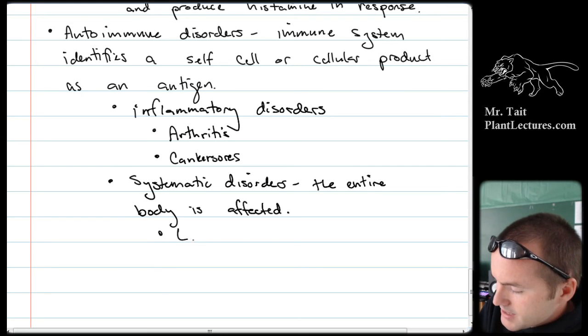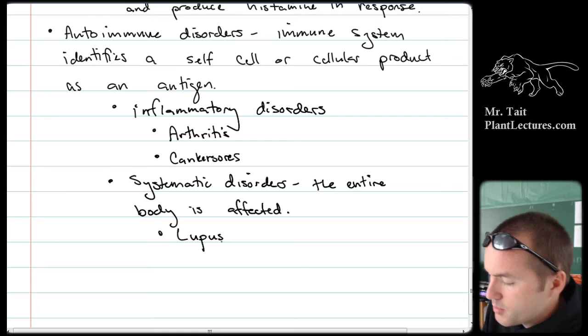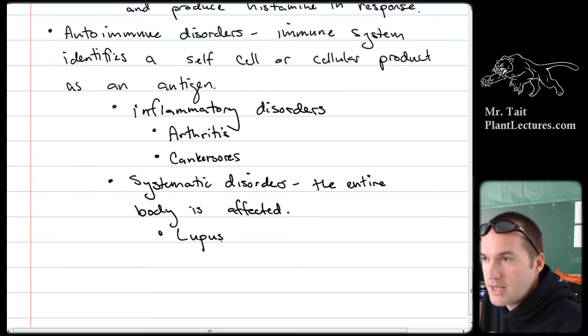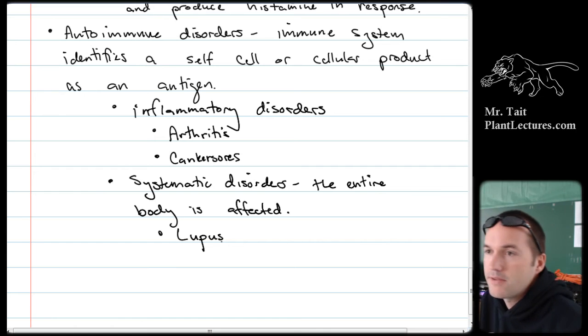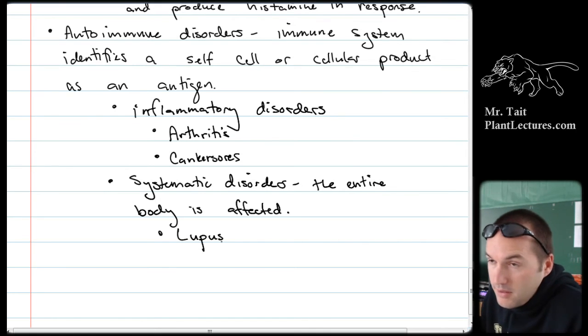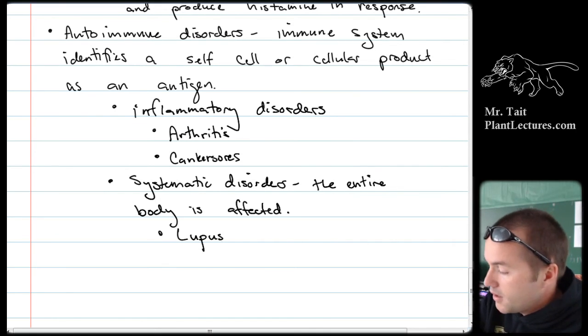A good example of this is lupus. Lupus is an autoimmune disorder where the immune system starts attacking basically all of your organs, including, you know, your skin and your liver and your pancreas and basically, like I said, all of your organs are affected by lupus, right?